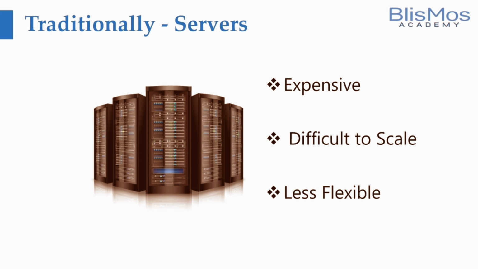I mean, the ease of scaling in servers was less as compared to commodity hardware, and obviously less flexible also. For example, if you want to increase the memory of a particular server, we need to shell out a lot of money for that. That is the reason it is expensive. Because of that, it is very difficult to scale also. And since it is difficult to scale, they are obviously less flexible.